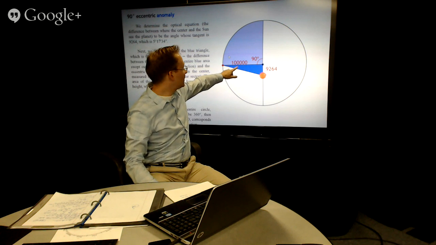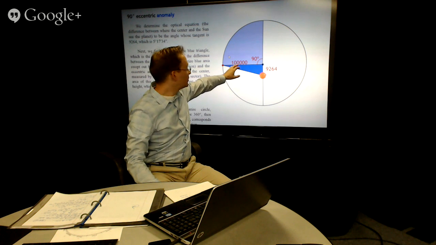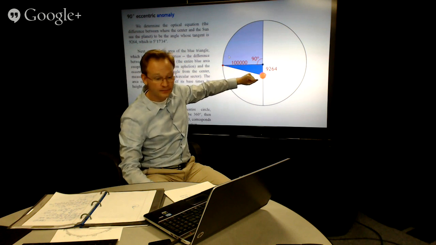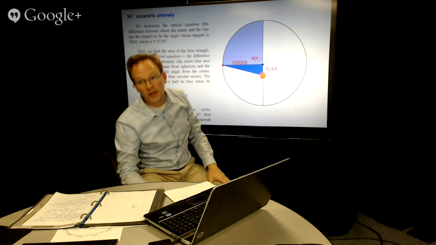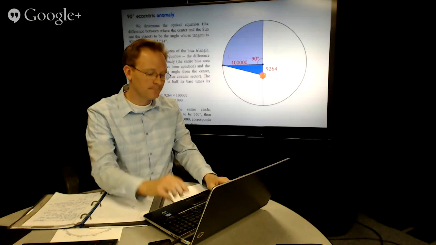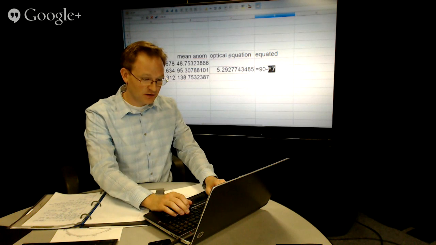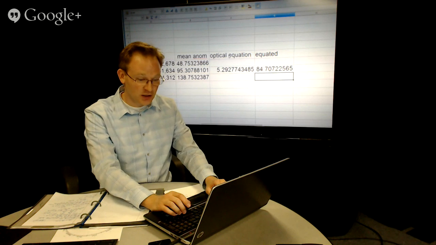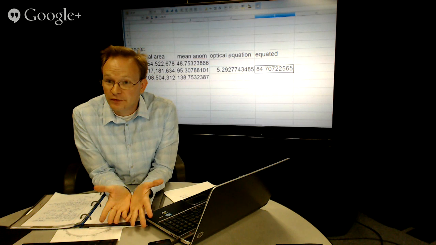We just calculated this angle, the optical equation, by doing that tangent, and got 5 degrees and something. So the equated anomaly is 90 minus the optical equation. Exactly. So 84.7 degrees.